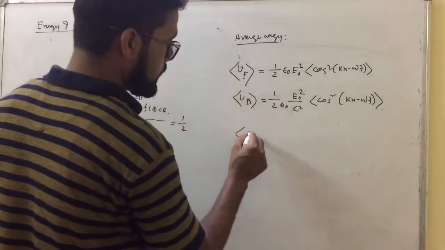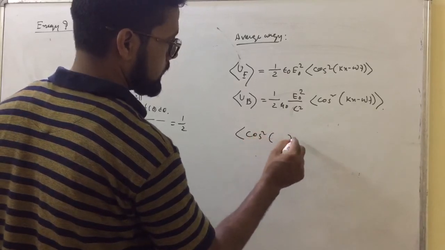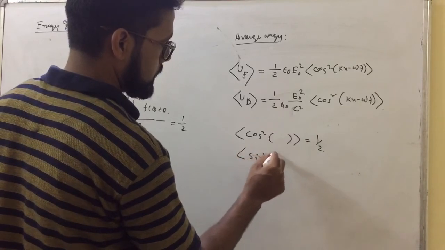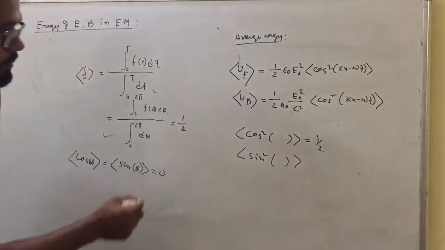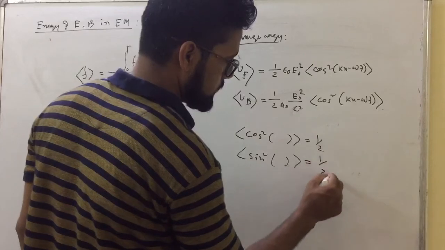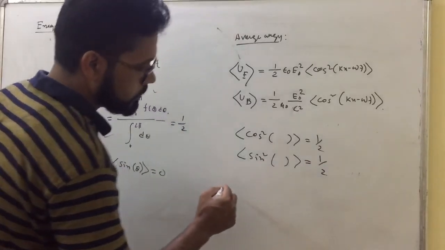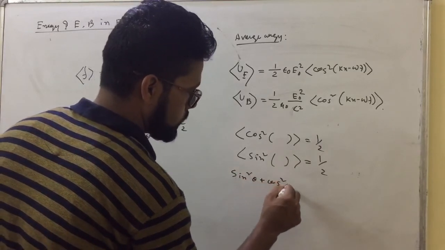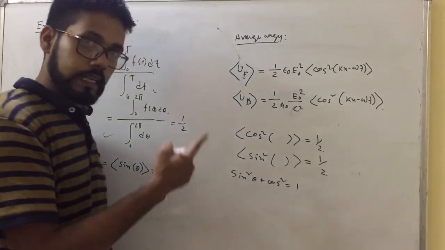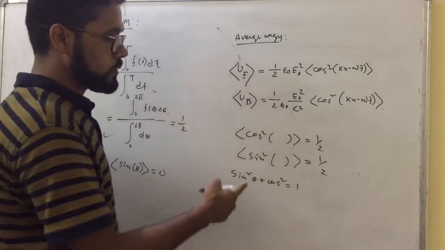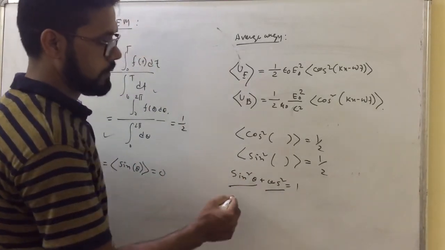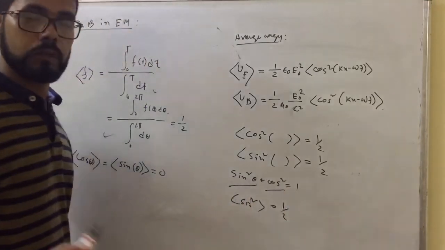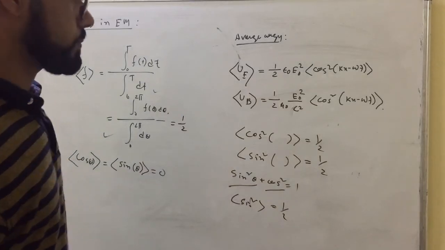So the average of cos square of any function, whatever it is, equals half. The average of sine square, if you do the calculation using the formula, is very easy: half. Another way to remember: since sine square theta plus cos square theta equals 1, the average of sine square must also equal half.